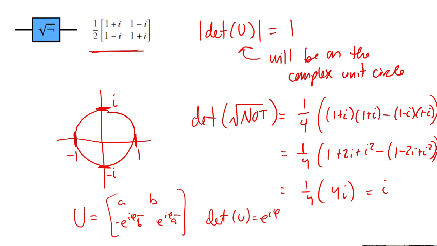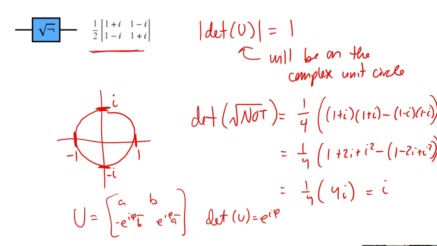For a complex unitary matrix, this means that it will be on the edge of the complex unit circle. So if I draw my unit circle, I have 1 and minus 1 and i and minus i, and things in between.